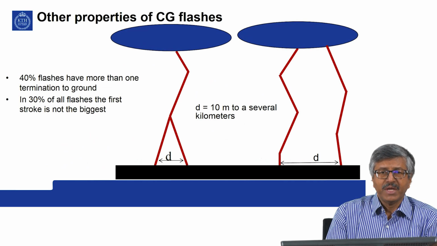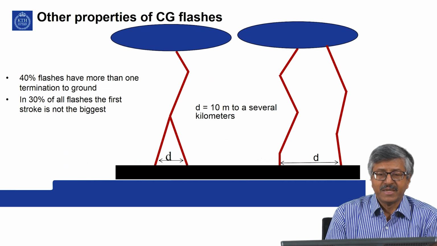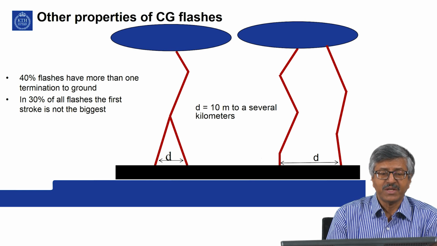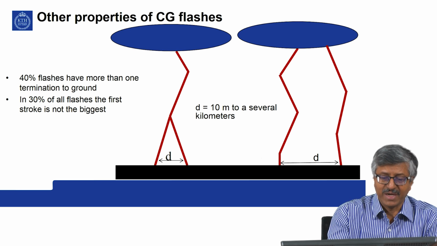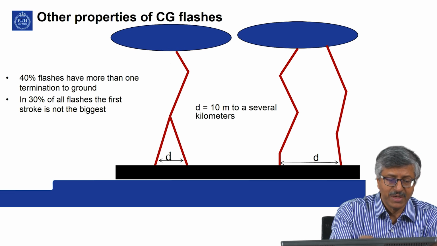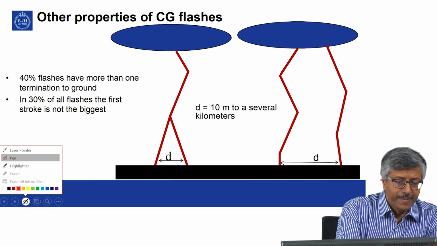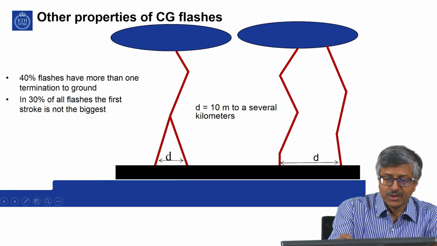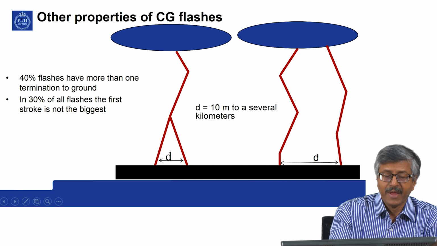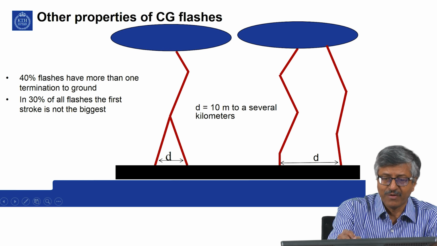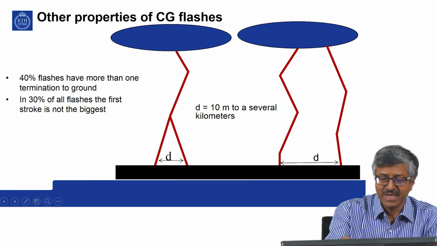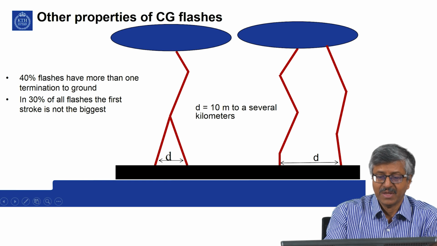Now, another property you have to be aware of in lightning is that around 40% of flashes have more than one termination to ground. This can be within the same flash. So, it can be that one particular stroke has happened here, then after several tenths of milliseconds, the second stroke may follow partly the same channel, but then it can take a different termination.